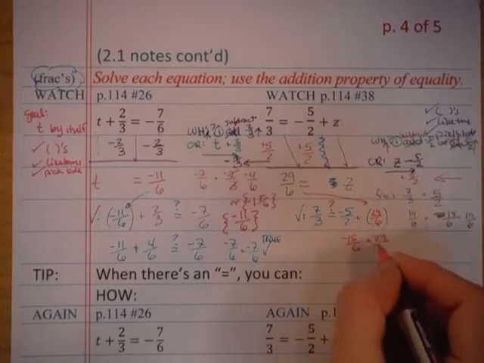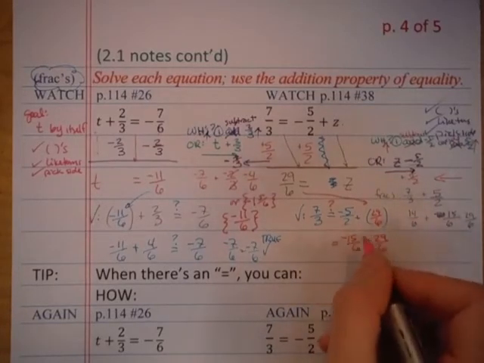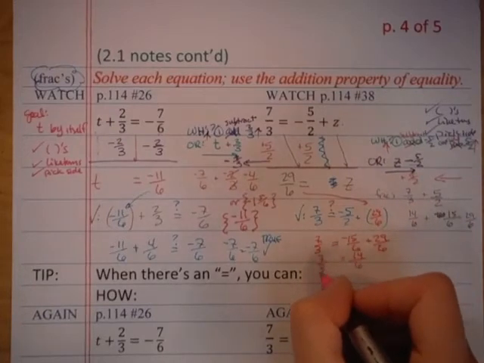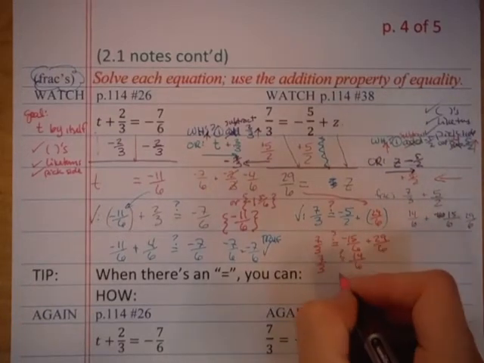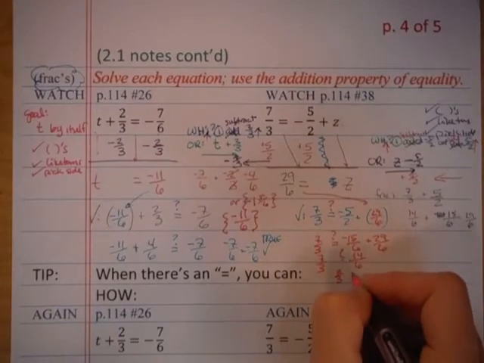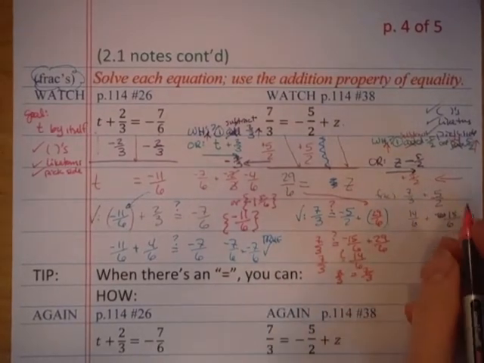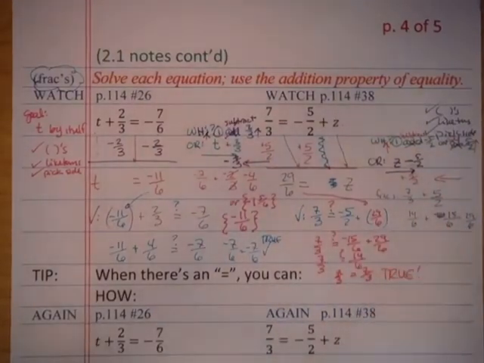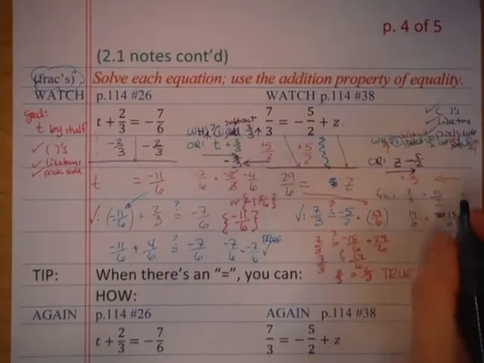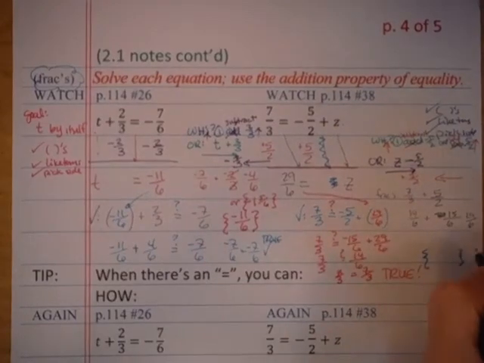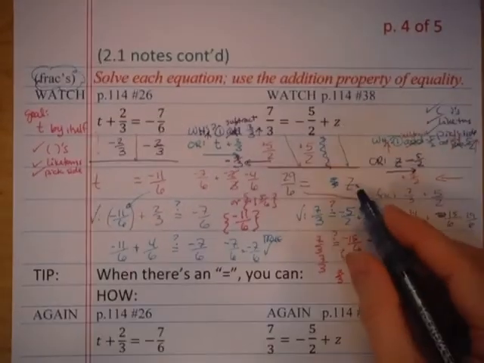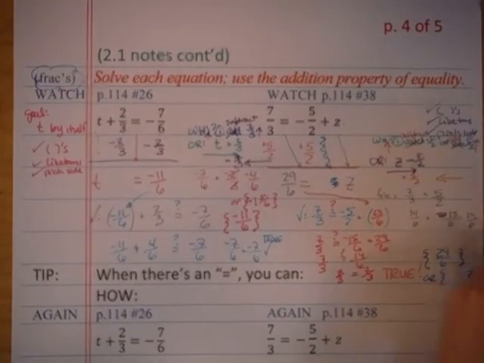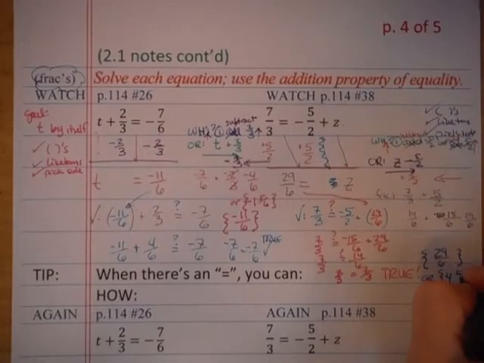And then when you add the 29/6 to it, you end up with 14/6. And we're just wondering, are those equal? Yes, that reduces to 7/3, equal to 7/3. And then that's a true statement. And so I get to put it in set notation, my answer of 29/6. Or you could put that in as 4 and 5/6.